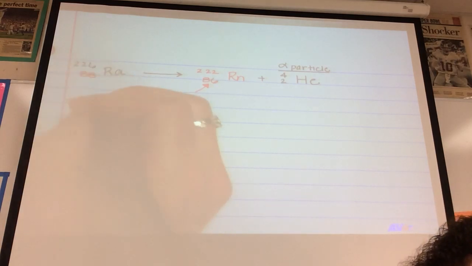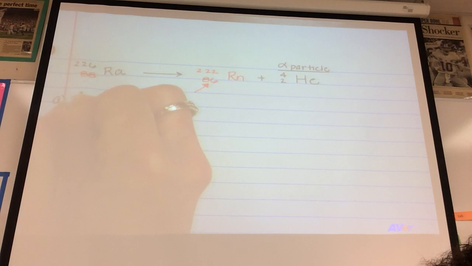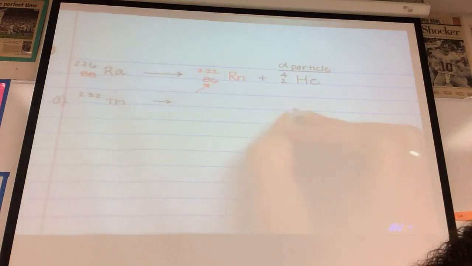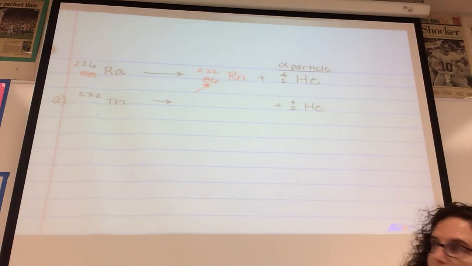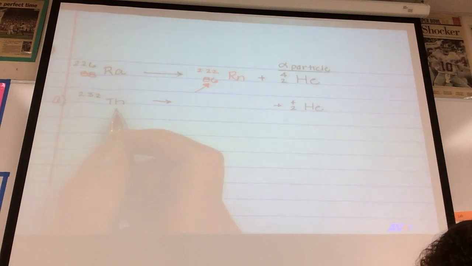The next example, labeled A, says thorium-232. Remember, the number after that dash is the mass number, and it's going to emit an alpha particle. What should I do? There's something plus 2.